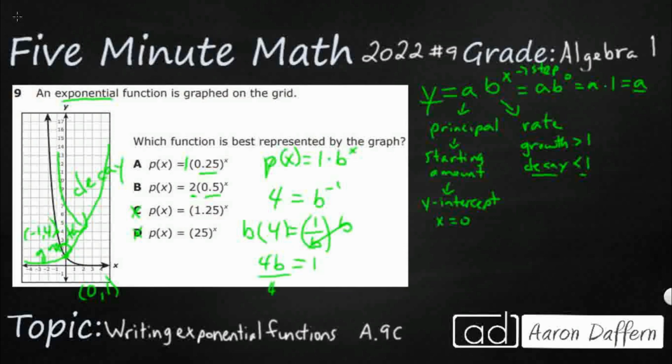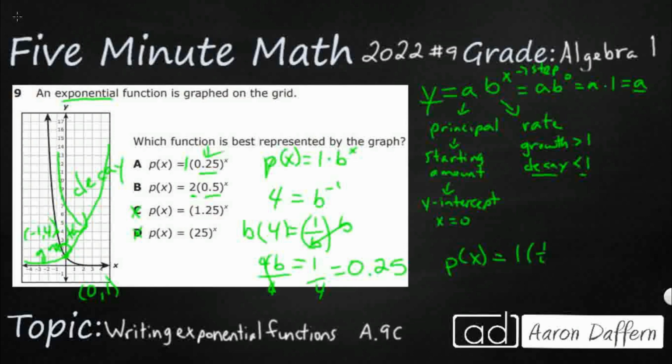Divide both sides by 4, right? And so b equals 1/4. Okay, so 1/4 equals that 0.25. So yes, we're looking good right there. So we can say p of x equals, my a term is 1, which we're just going to pretend like it's not there.